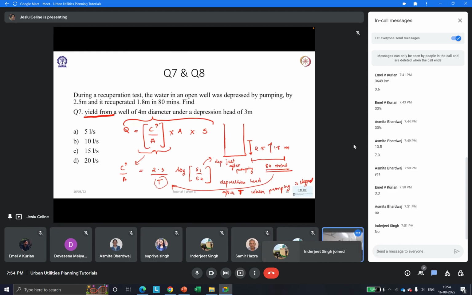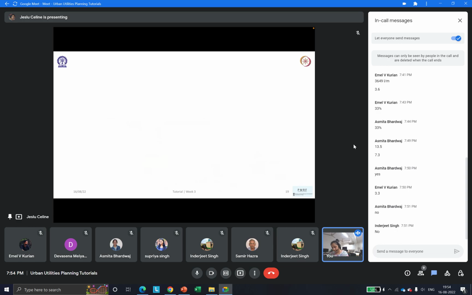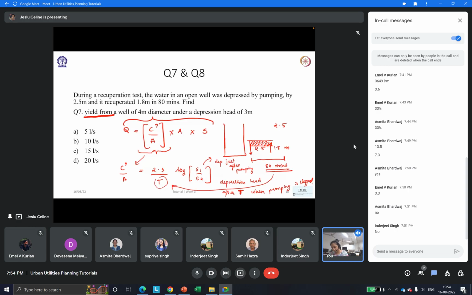So here it is not 1.8, but we'll have to take the difference. That is, it's coming up, right? So we want to find the depression head, what is the difference. It came down by 2.5 and it went up, so our depression head in this case would be 2.5 minus 1.8, which is 0.7.